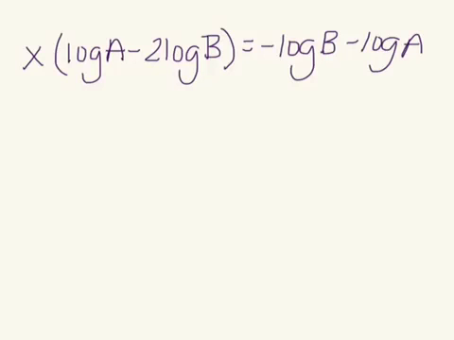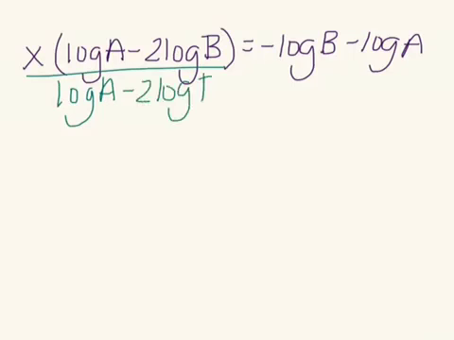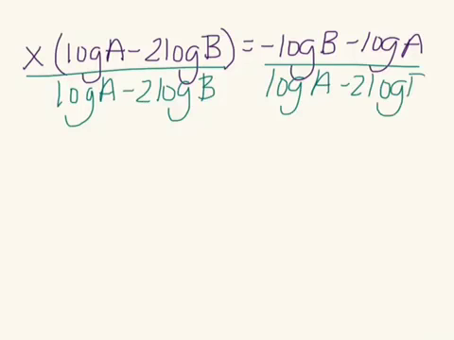And now I can divide both sides to get my x all by itself. We're getting really close to the end. So divide both sides. And that isolates our x.